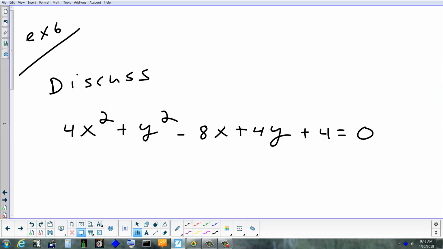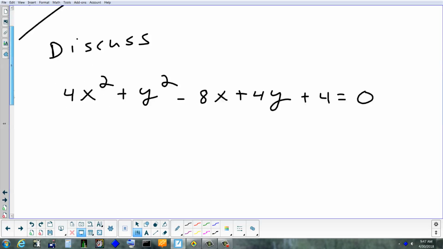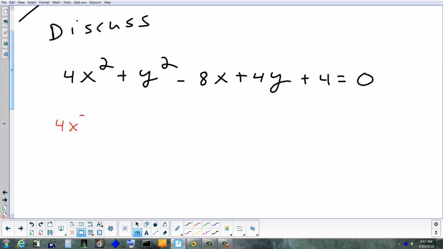So what we want to do is set it up so our x's are together, leave a little room. The y's are together, leave a little more room. And we're going to put constants on the other side. So we've got 4x squared. Actually, that 4 is a little bit of a problem too. We have to deal with that. But the y squared is better. That's ready to go.